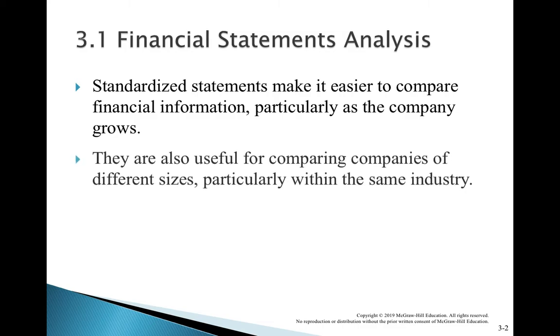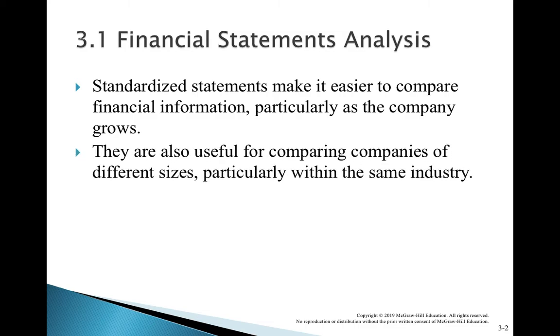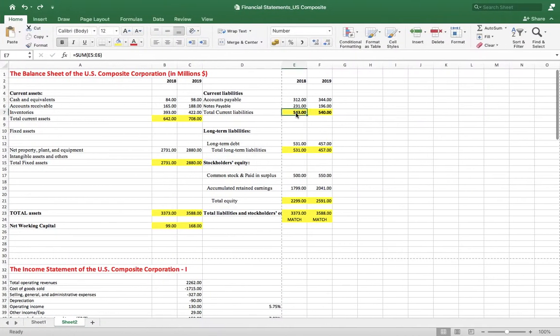They are also useful for comparing companies of different size, particularly within the same industry. For example, here 84 million, 98 million, so all are in hundreds of millions. Another company will be in thousands of millions, another in tens of millions. Then comparison becomes difficult.